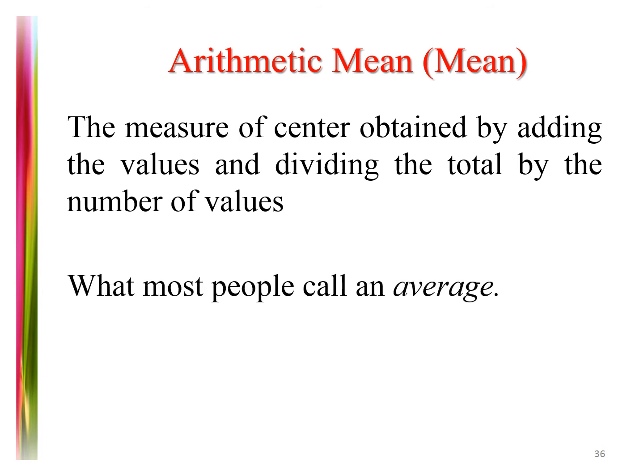The measure of central tendency is obtained by adding the values and dividing the total by the number of values. So the arithmetic mean is equal to the sum of all observations divided by the total number of observations. Usually people use the word average.